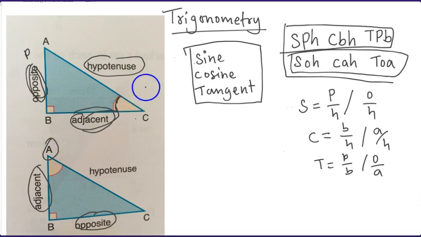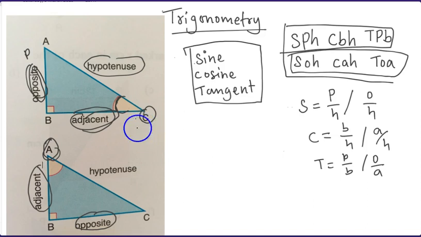In the first case, the chosen angle was C, but in the second case the chosen angle is A. That's why the opposite and adjacent differ in these two cases. So this way, we have to understand the opposite and adjacent according to the chosen angle in the triangle.